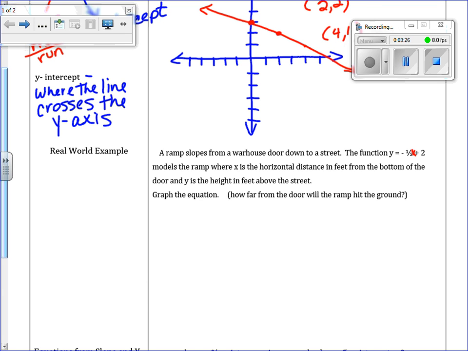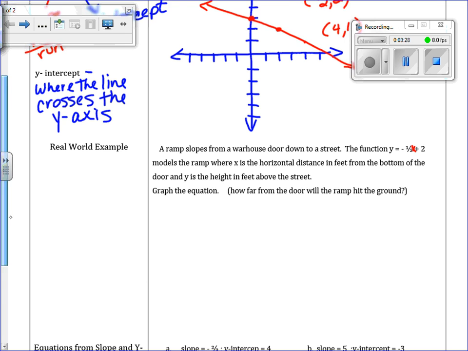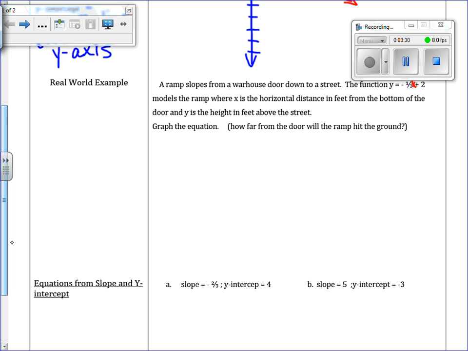So it says graph the equation. So again, we're going to go ahead. Let's create our x and y axis. Trust me, you're going to be making a lot of these in your math life. Even in calculus, I had to make these to model what it would look like.